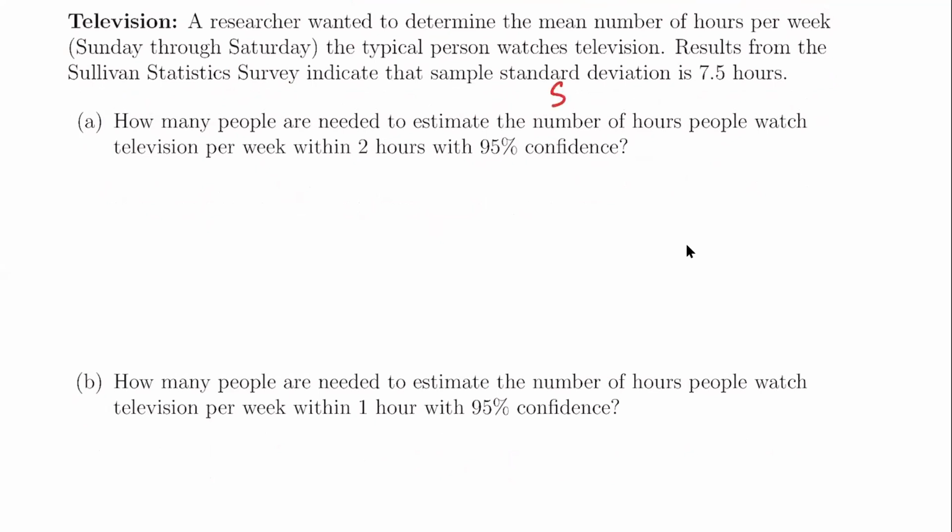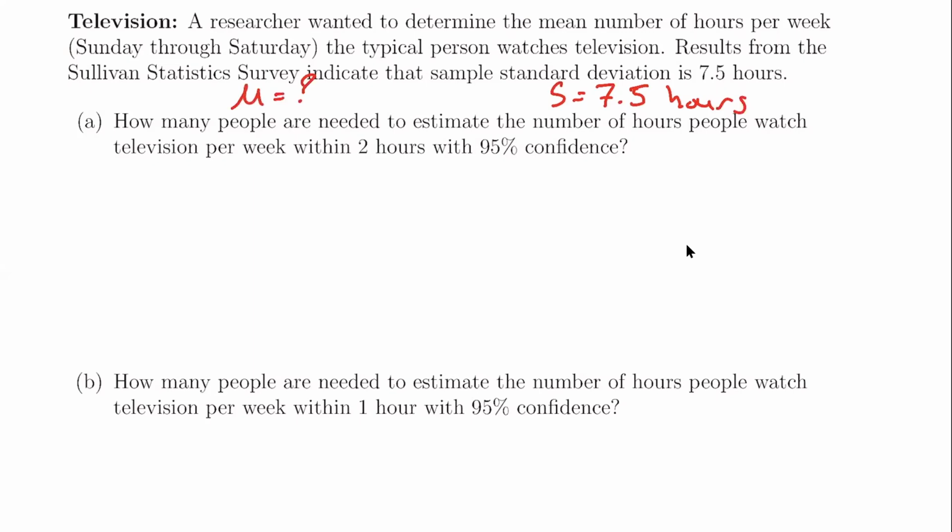So all this gave me is the sample standard deviation of 7.5 hours. And they tell me the researcher wants to determine the mean number of hours per week. So we know that we are trying to find the population mean.